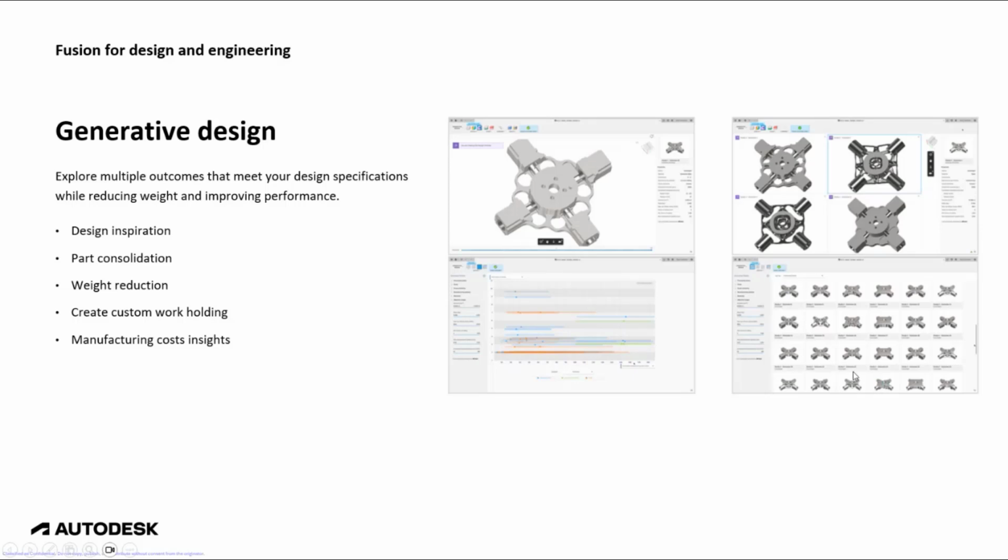The rest will be out if you don't want them. Okay. Design inspiration is part consolidation, weight reduction. The AI function is going to reduce the weight for you as well. Try to improve your part so it's not too heavy, and create custom work holding and manufacturing cost insights.